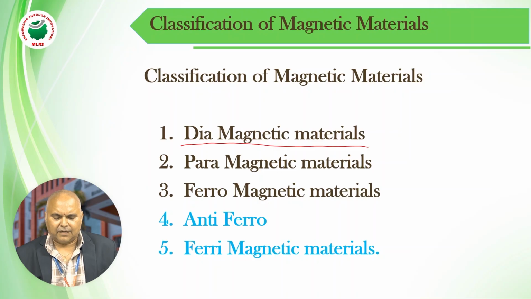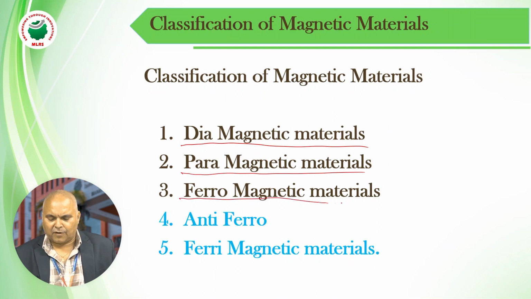Another one is paramagnetic material. Then the third one is ferromagnetic material. Usually these are the three general classifications. Ferromagnetic material is classified further into antiferromagnetic and ferrimagnetic. Usually it will be classified as five types of magnetic materials, but there are other classifications depending on the material.